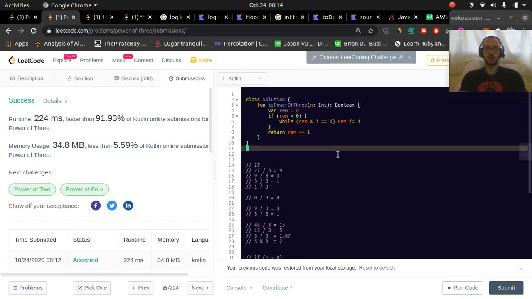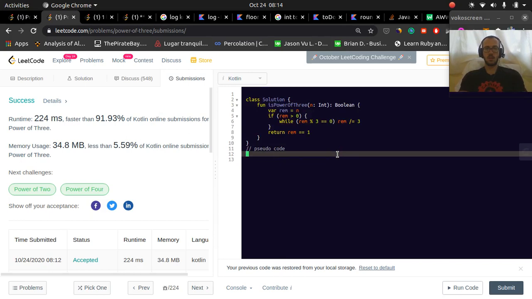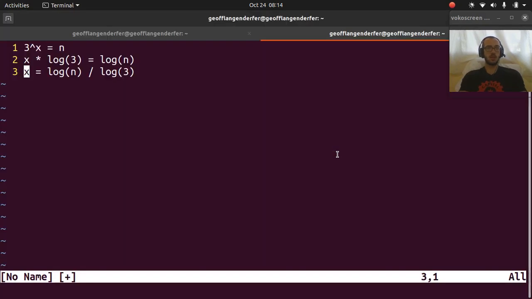Okay, let's think about some pseudocode. So say exponent equals log n over log 3.